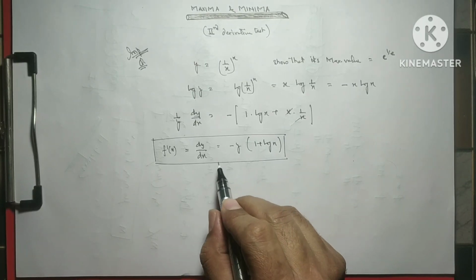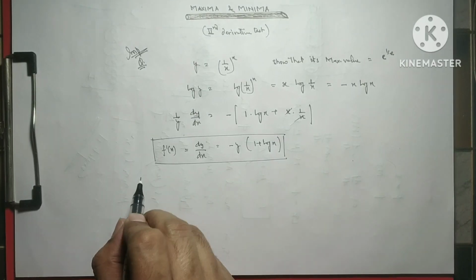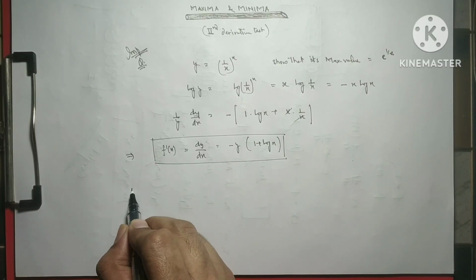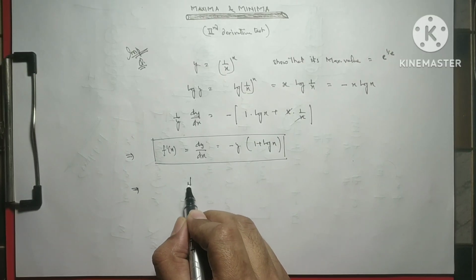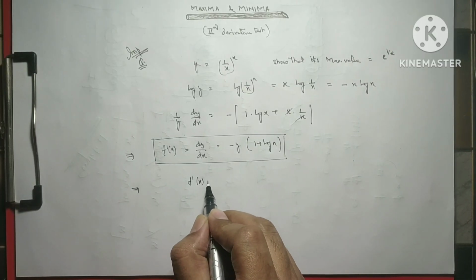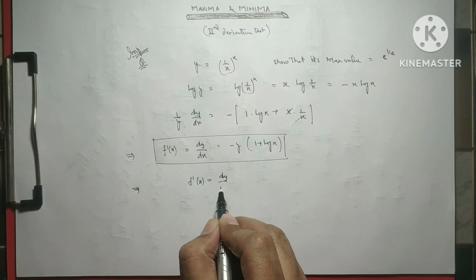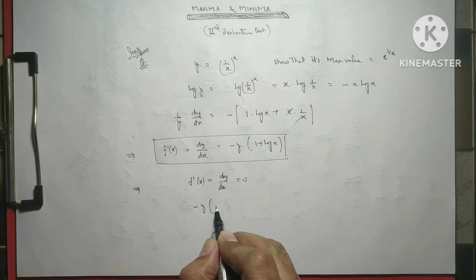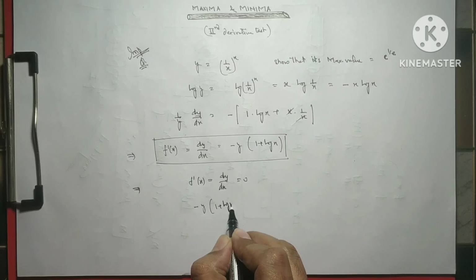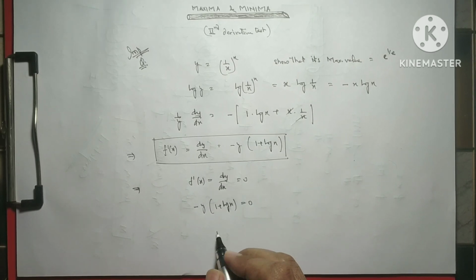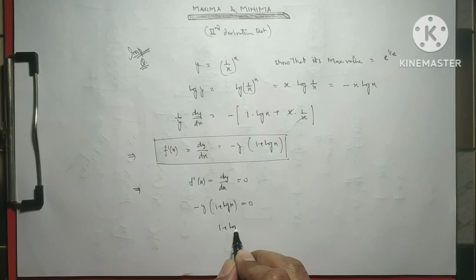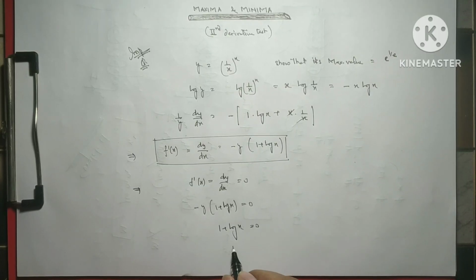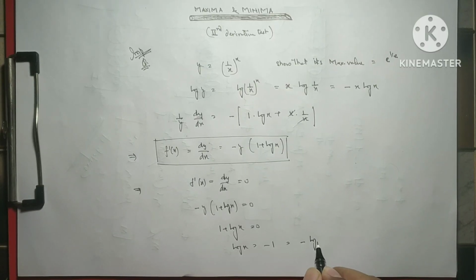Now we put it as 0. So f dash x should be 0, meaning minus y times 1 plus log x will be 0. So 1 plus log x is 0, so log x is minus 1, that is minus log e.